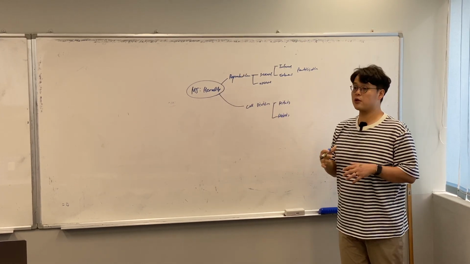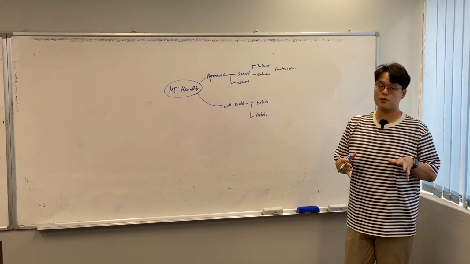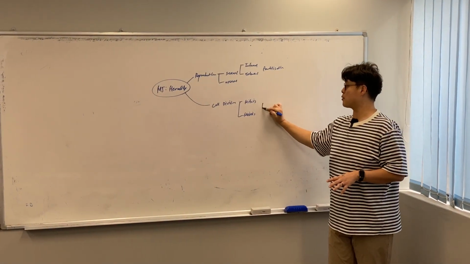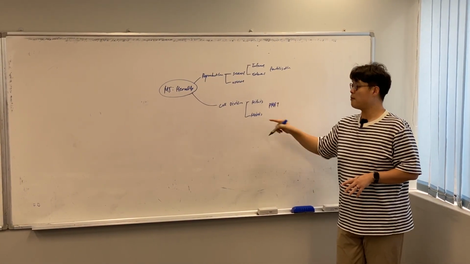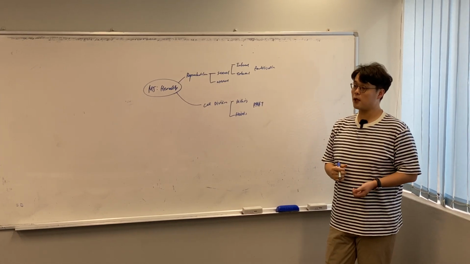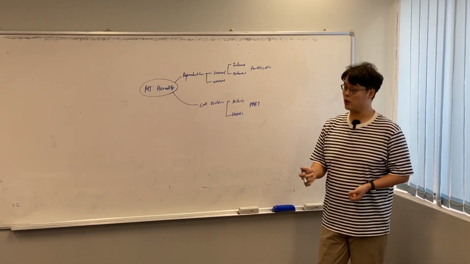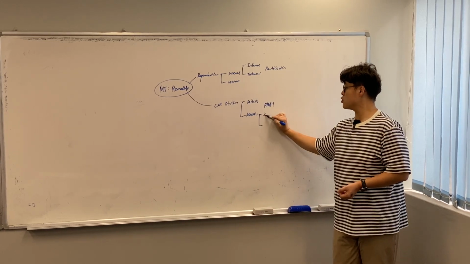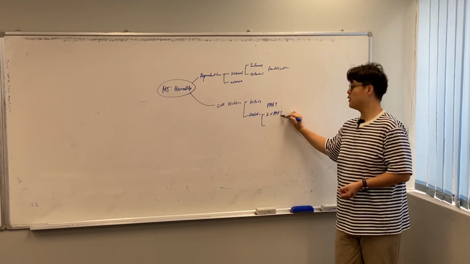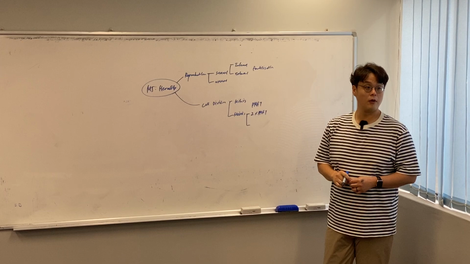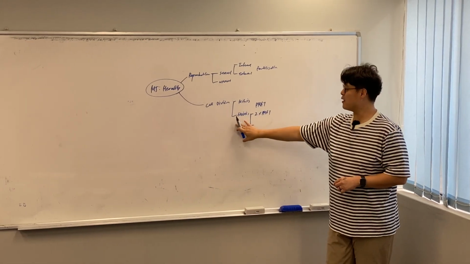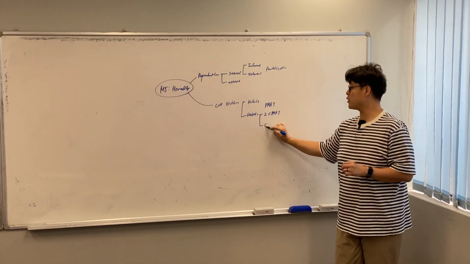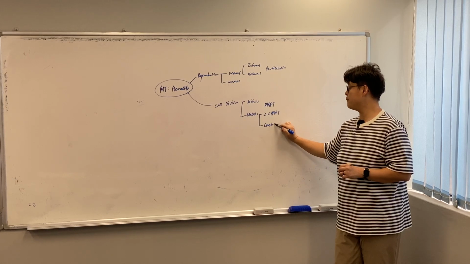I hope you remember the steps of mitosis and meiosis, which can be summarized as PMAT. Meiosis has 2 steps, PMAT 1 and PMAT 2, meiosis 1 and meiosis 2. Inside meiosis, there's a very important thing called crossing over.